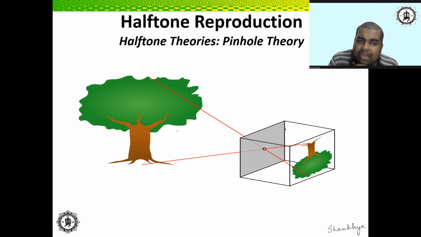So can you correlate the concept of lens aperture and pinhole over here? Why did I say that every point in the image which is obtained on the film within the camera is basically an image of the lens aperture itself, right?